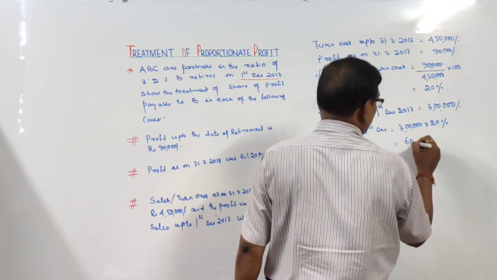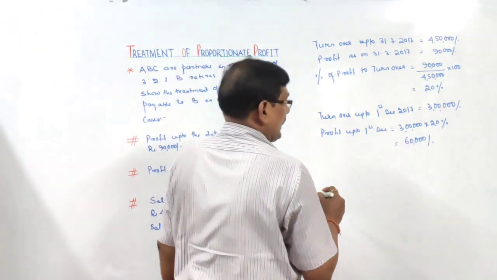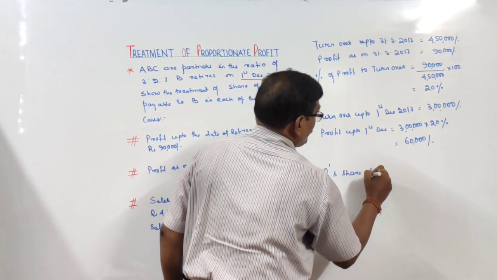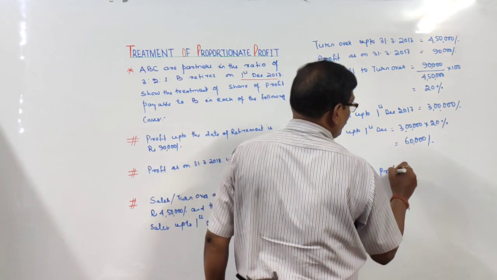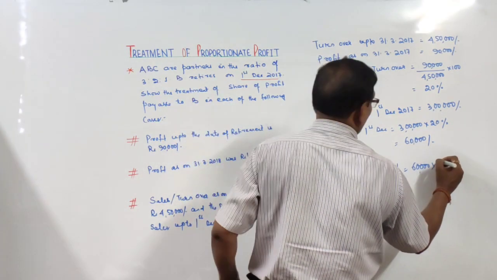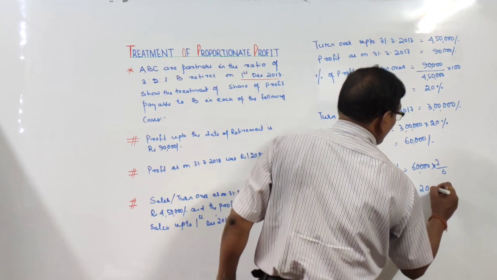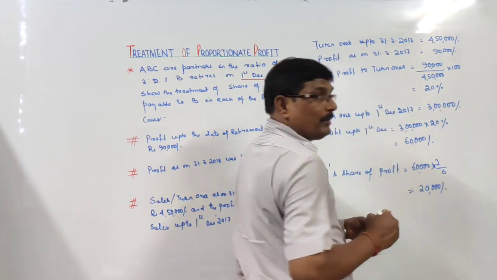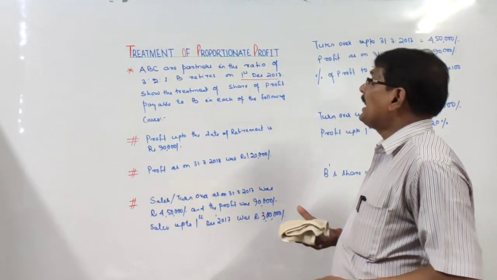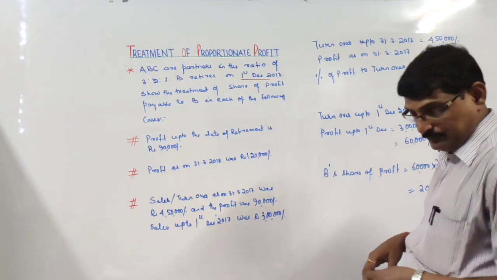It comes to 60,000. Right? And thereafter calculate his share. So B's share of profit is equal to 60,000 into 2 by 6, that is 20,000 rupees. So B is to pay 20,000 and the remaining treatment, the journal entry and what is to be shown in the balance sheet asset side, is as before.